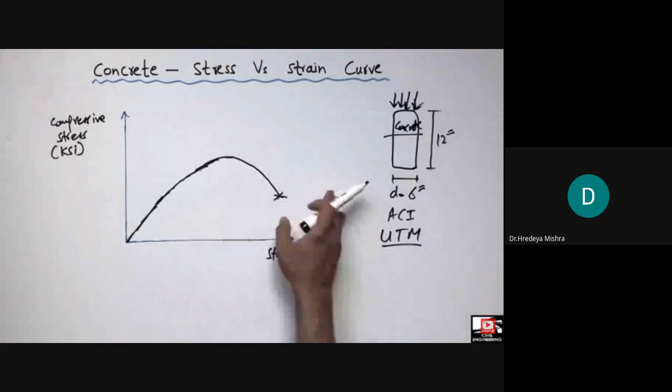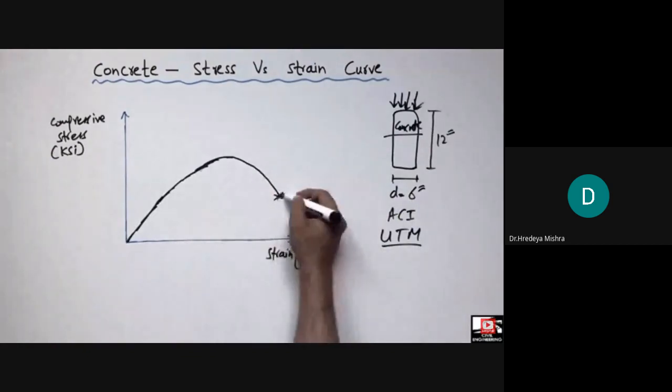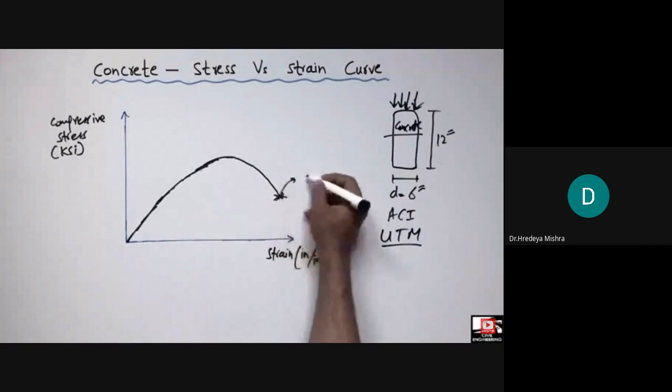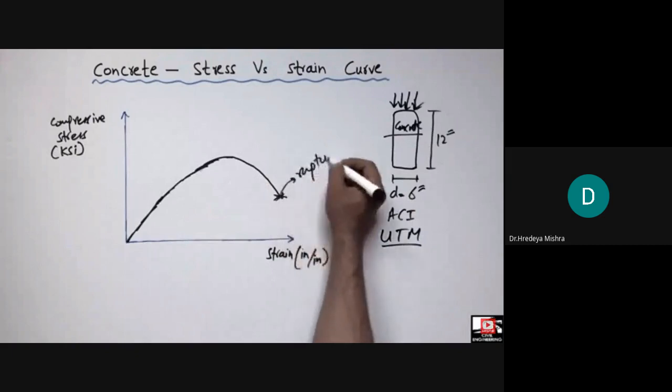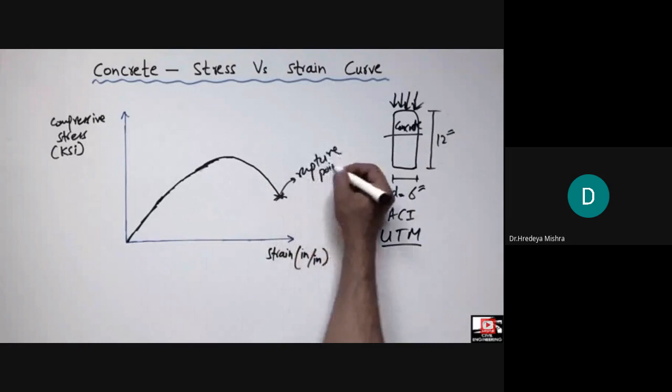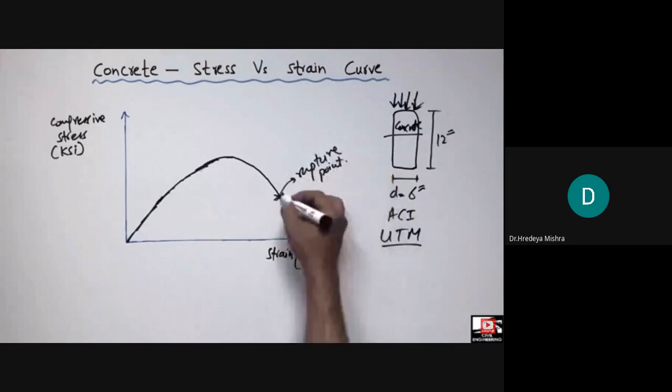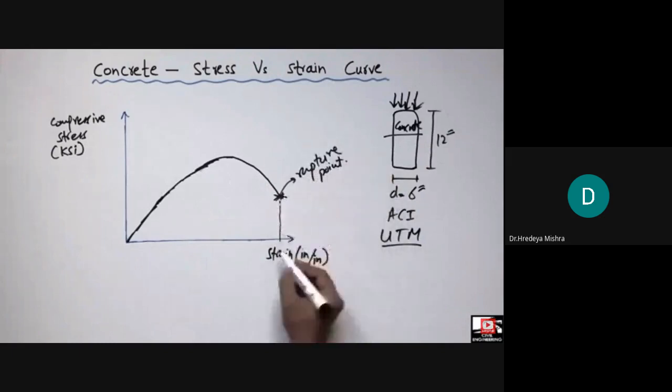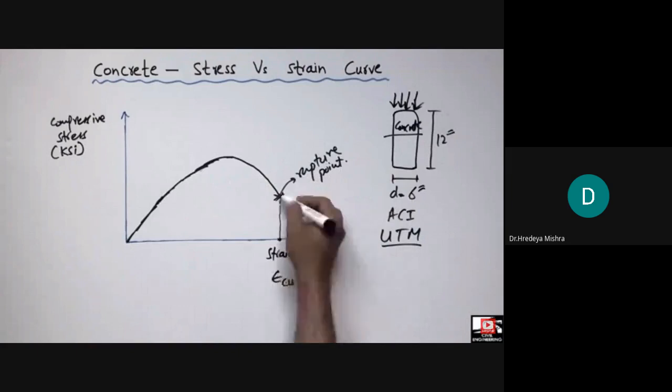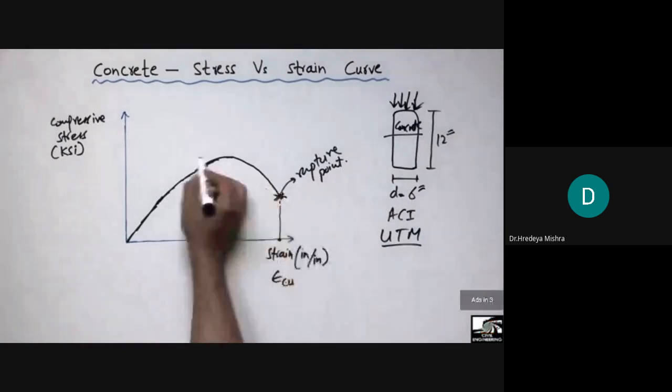The point at which it cannot take any further load is called the rupture point for concrete, and its strain is usually represented as ECU. This is the rupture strain for this concrete.